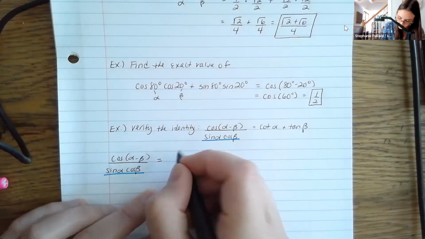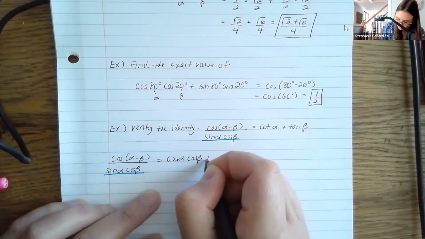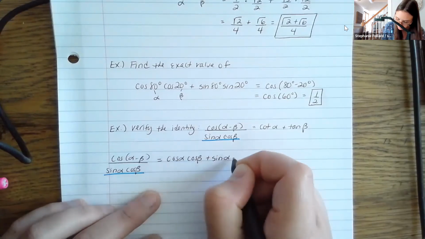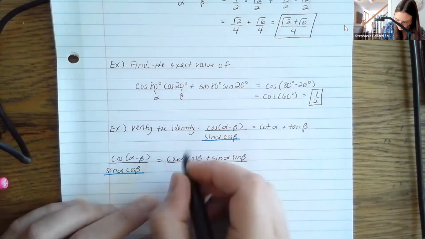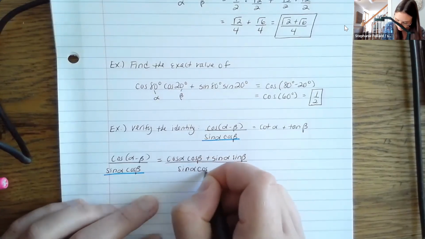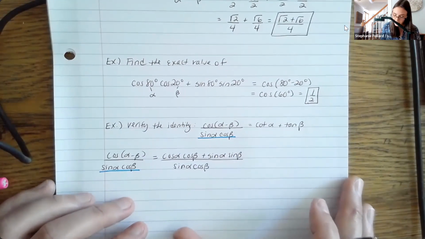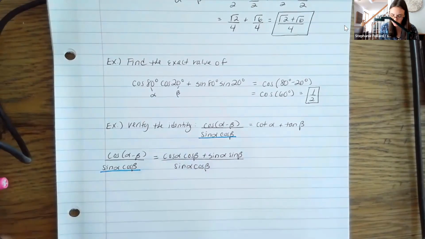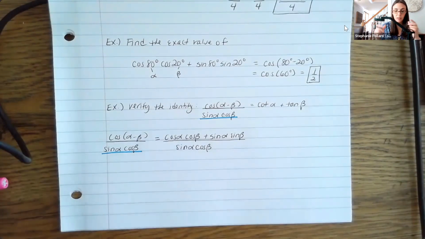So it's going to be cosine of alpha, cosine of beta, plus sine alpha, sine beta, all over sine alpha, cosine beta there, right? Now what I can do next, I'm trying to look here. I don't really see too much I can do, but I do see a plus sign in the numerator, so I can split this into two fractions.